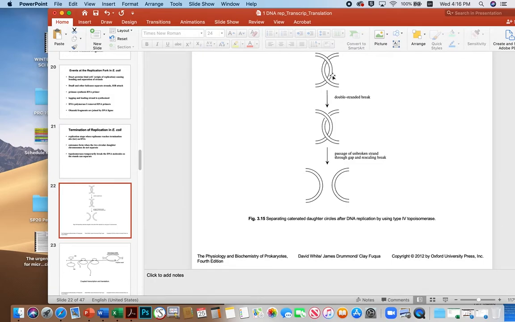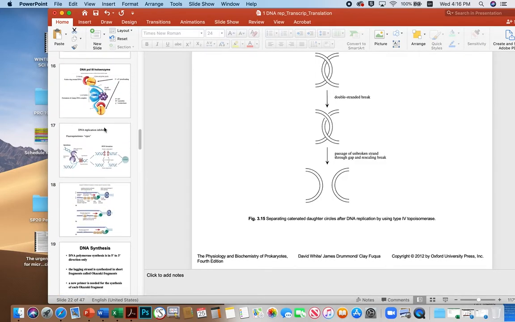So at the end of replication, you basically get two links in a chain that are formed. But you can't have that, right? Because this chromosome has to separate from this one and then move to a new bacterium. Each of these has to move to a new bacterium, but they can't like this. And so there has to be a double-stranded break, as you see here, and then these things have to segregate into different daughter cells.